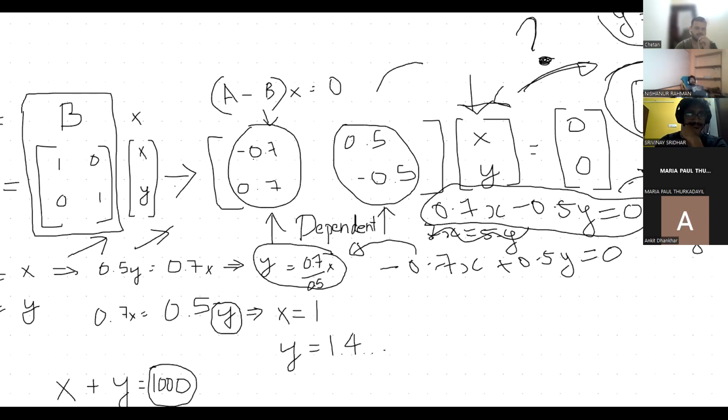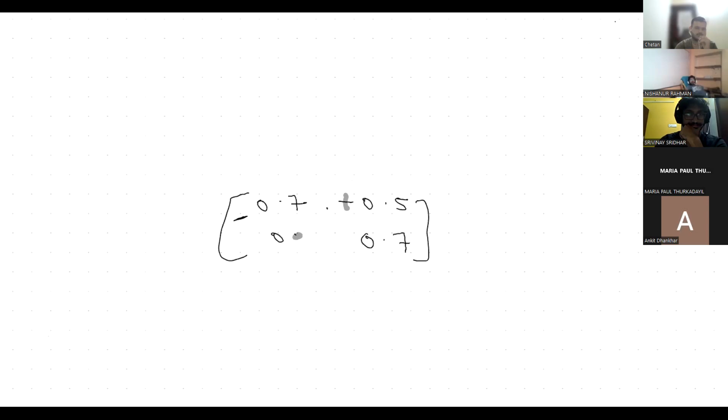See, A11 is positive, A12 is also negative, and A22 is again positive. So this row, minus 0.7, 0.5, is right. Correct.